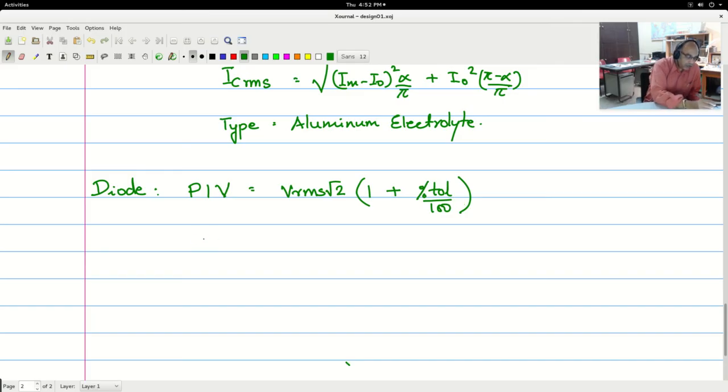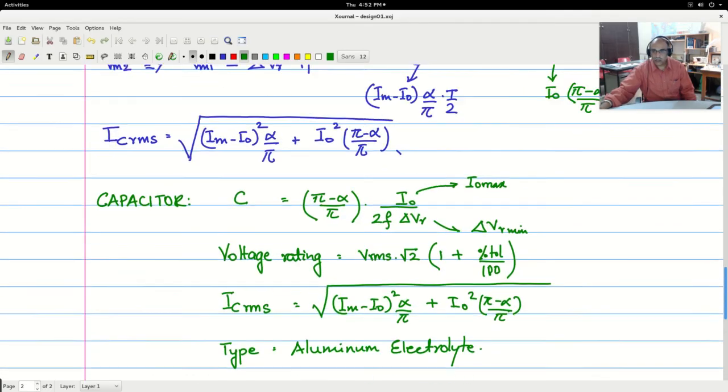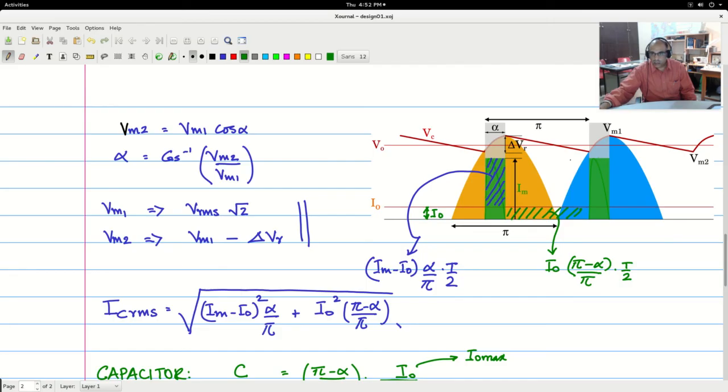There are two other values that you need to calculate for the diode. One is the average, ID average, and the ID maximum. So ID maximum is same as the peak current that is flowing through the rectifier. This is ID maximum, Im.